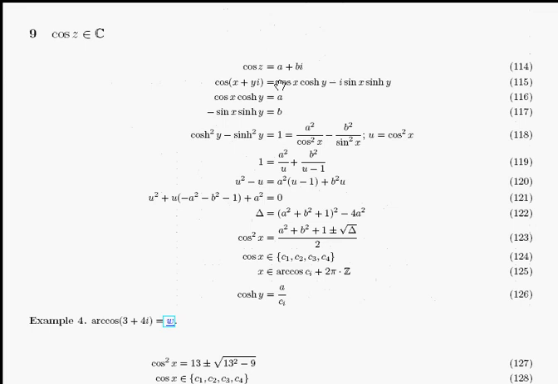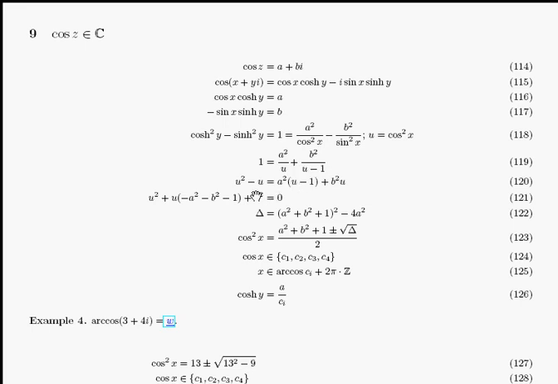So a is cos and b is minus sin. So we have the identity hyperbolic cosine squared of y minus hyperbolic sine squared of y is equal to 1. It is a over cos of x squared minus b over sin of x squared, where u is cosine of x. So 1 is a squared over u plus b squared over 1 minus u.